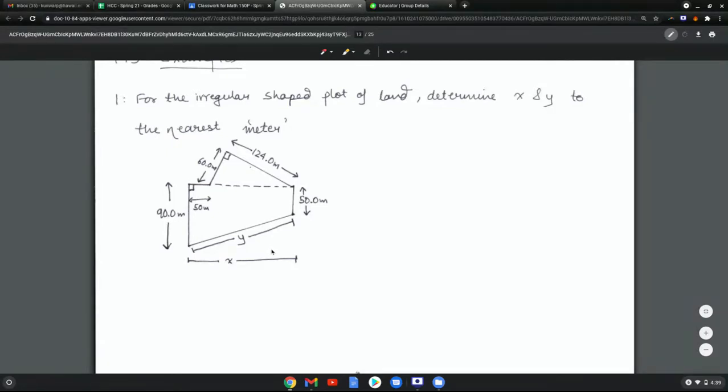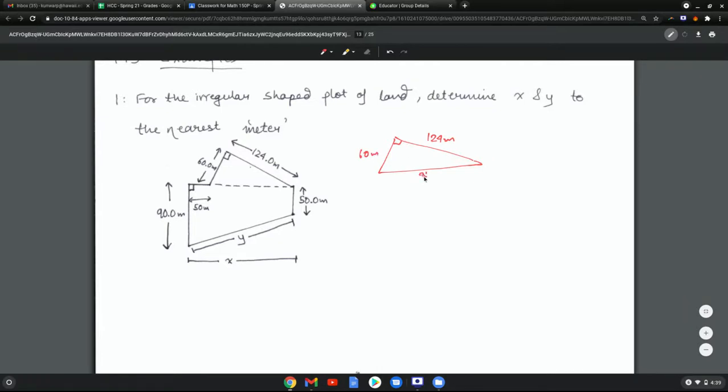So one observation is that you have this right angle triangle right here on the top. This is 124 meters, this is 60 meters, and this is the hypotenuse.